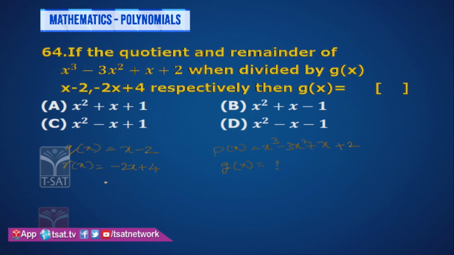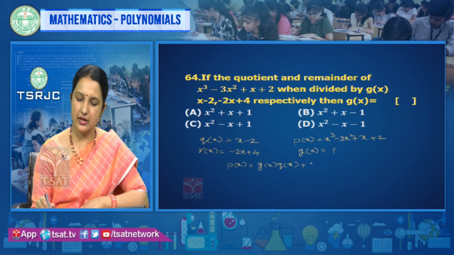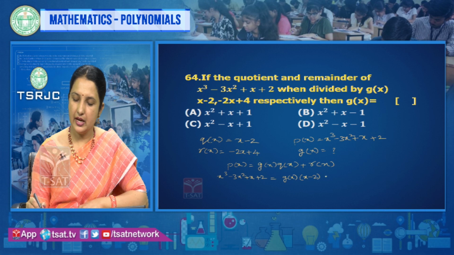So, what is the division algorithm? P of x equals g of x into q of x plus r of x. Substitute all the values here. X cube minus 3x square plus x plus 2 equals g of x into q of x, which is x minus 2, and r of x is minus 2x plus 4.